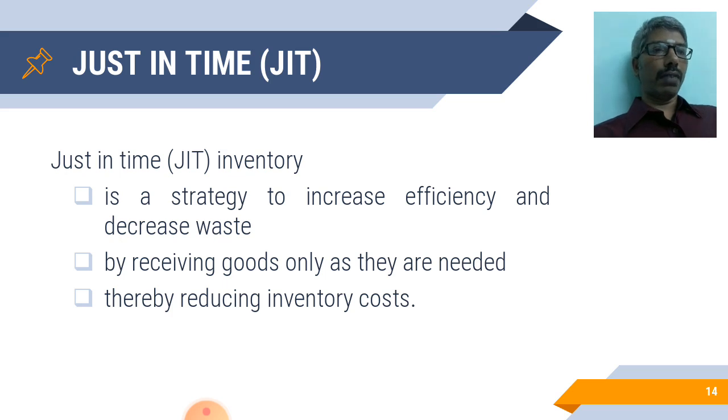Therefore, by avoiding keeping materials in stores, we can reduce wastage. It increases efficiency and decreases waste by receiving goods only as they are needed. That is the main concept suggested by just in time, thereby reducing the inventory cost.